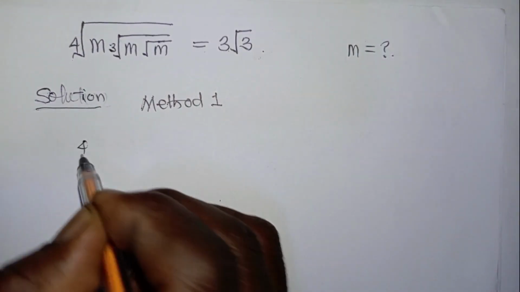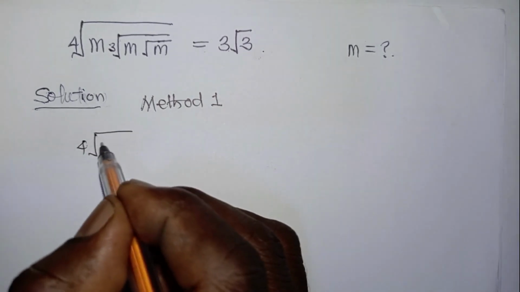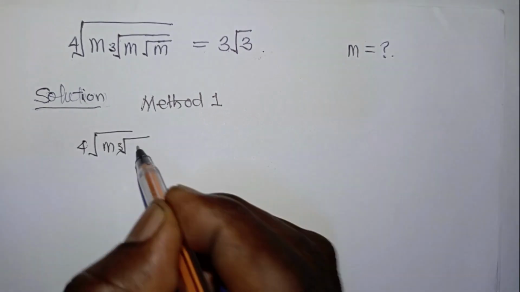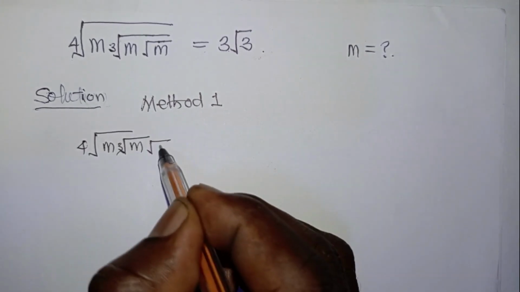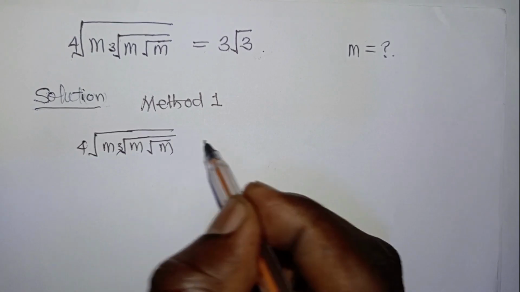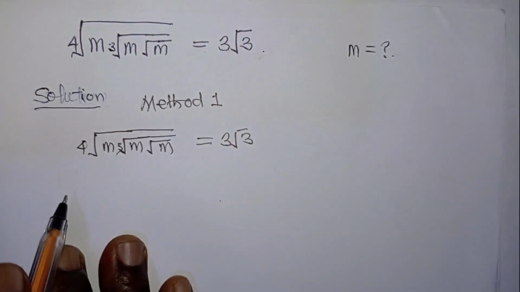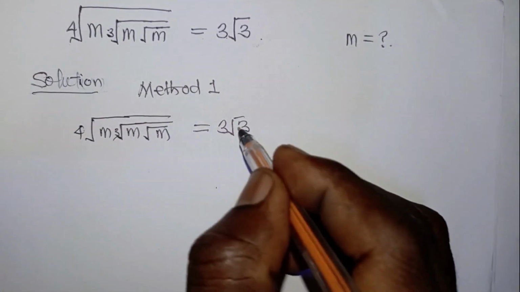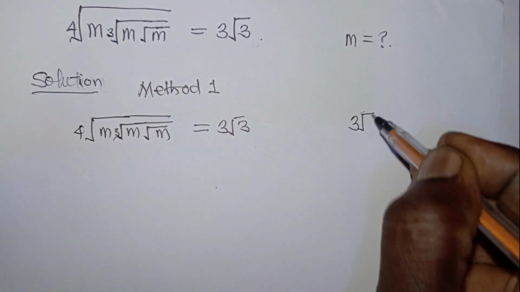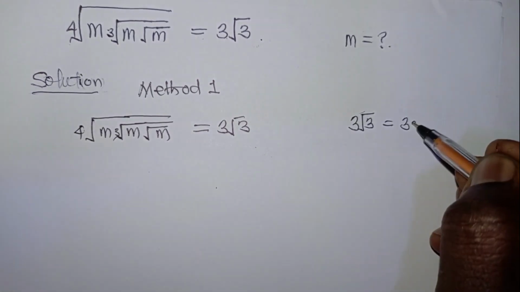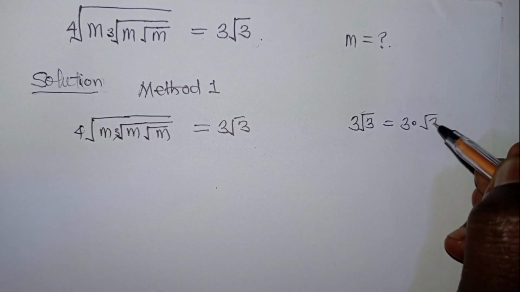We have the fourth root of m, cube root of m, square root of m equals 3 root 3. So here 3 root 3 is the same as 3 times root 3.